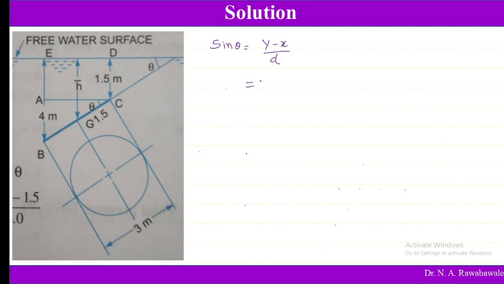Y value is 4 meter minus x is 1.5 and diameter d is 3 meter. So sine theta is equal to 0.83.